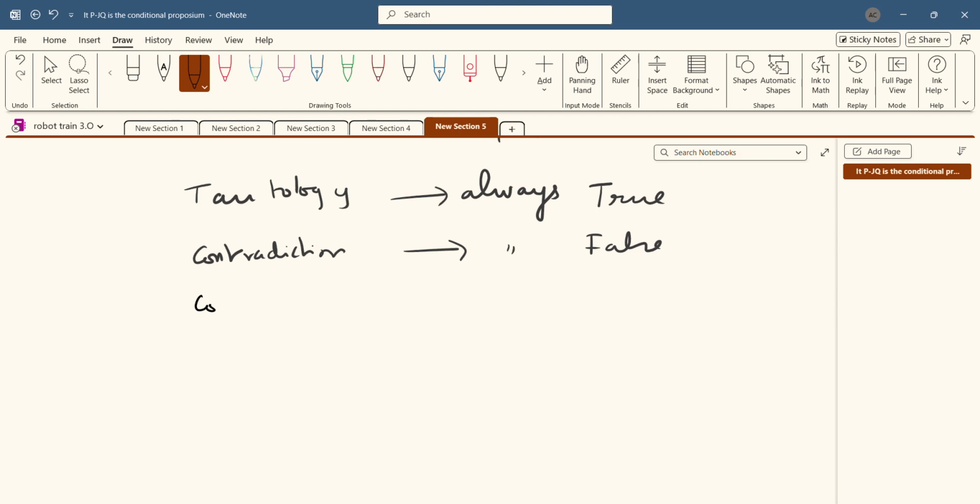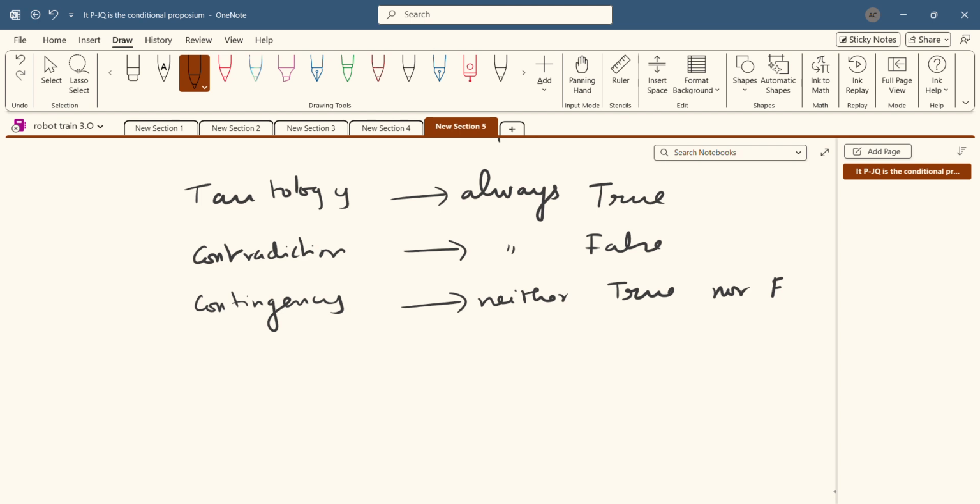Number 3, contingency. A proposition that is neither always true nor always false.